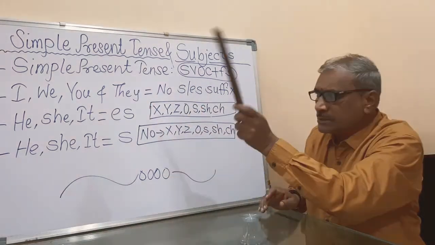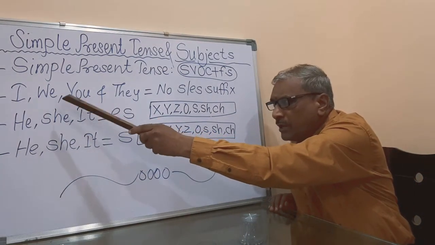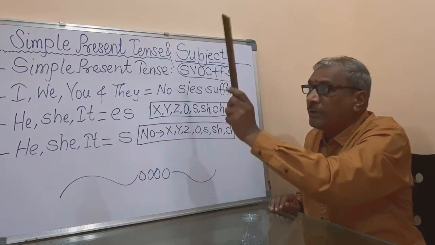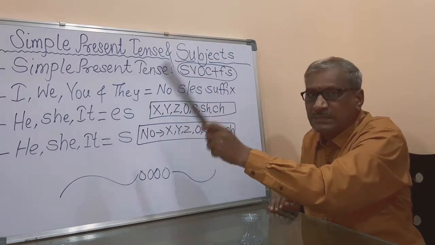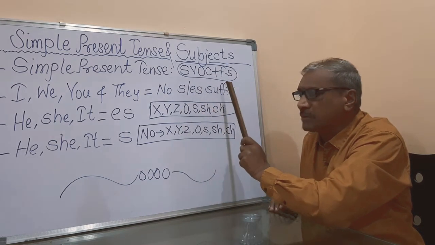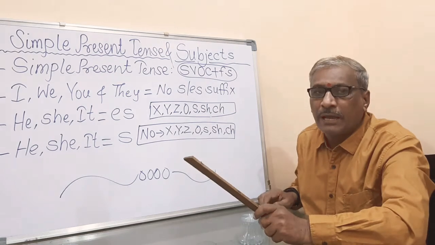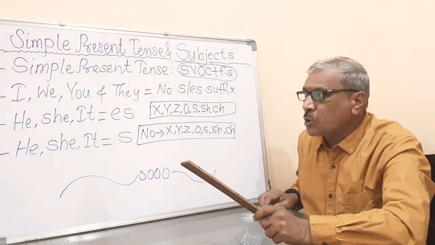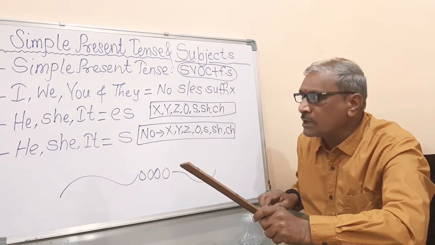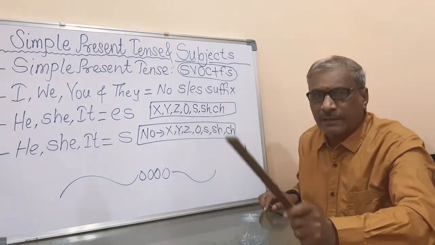So it is very clear that when the subjects are I, we, you and they, and we are talking in the simple present tense, then we should not use s or es suffixes on the main verbs. Means we cannot say: I talks, we talks, you talks, they talks. We cannot say like this.